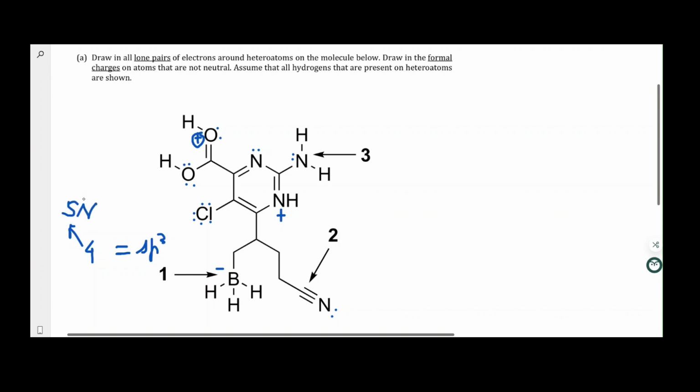It is calculated by doing number of sigma bonds plus number of lone pairs, right? So boron over here doesn't have any lone pairs. It only has four sigma bonds. Four sigma bonds is equivalent to sp3 as your hybridization, and sp3 is always tetrahedral. That's your tetrahedral geometry.